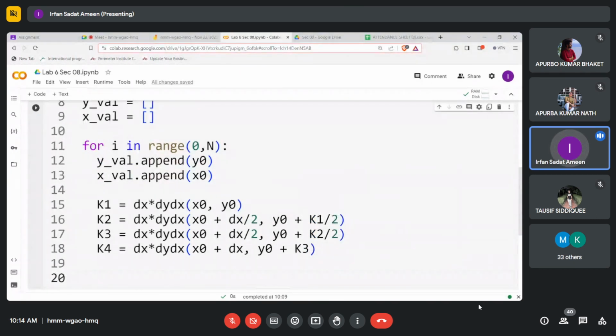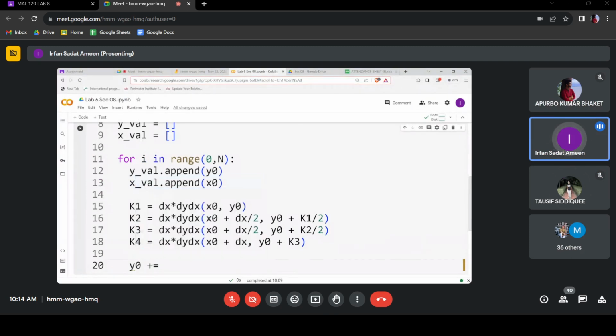After all of these are evaluated, we will find the update. So y0 will be updated, so here y plus equals, that means y equals y plus y0 plus what will it be, 1/6 times k1 plus 2 times k2 plus 2 times k3 plus k4.